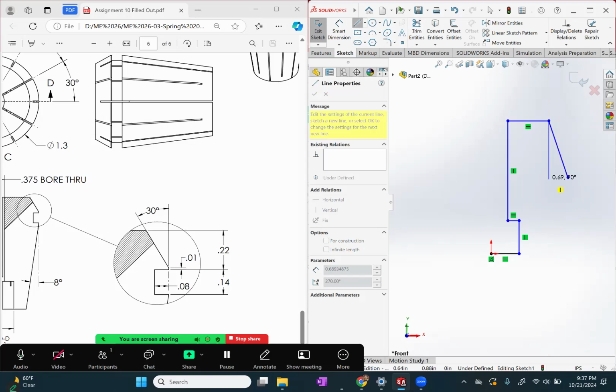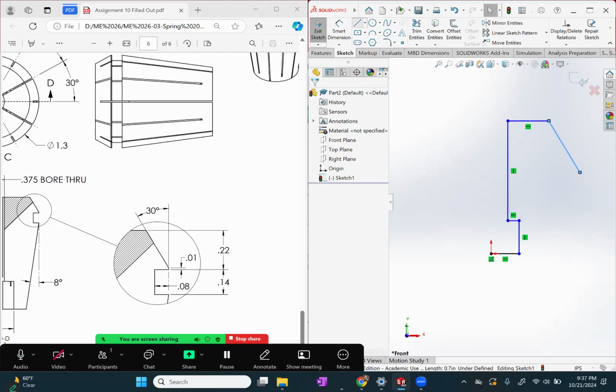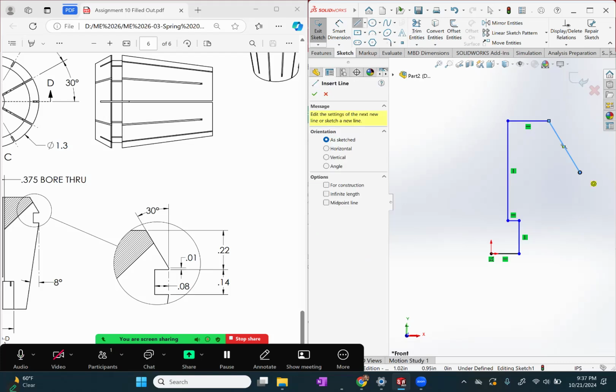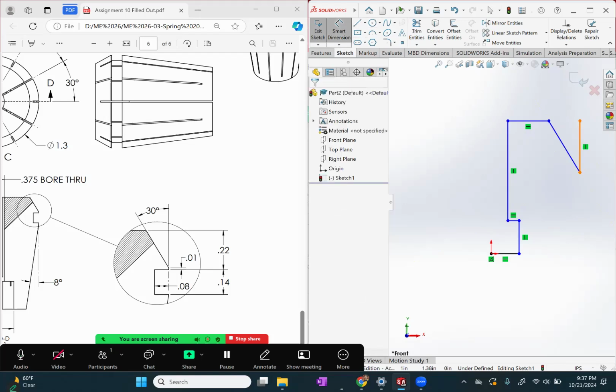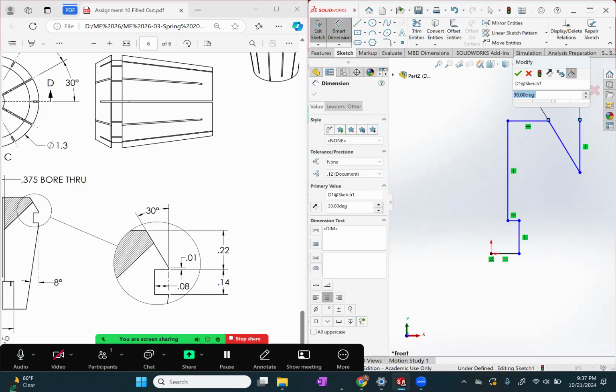So if I want to make, let's see, 270, I would add 30. So 270 plus 30 is 300. And just to double check for the class, this angle should now be 30 degrees, which it is. I'll just leave that dimension there.